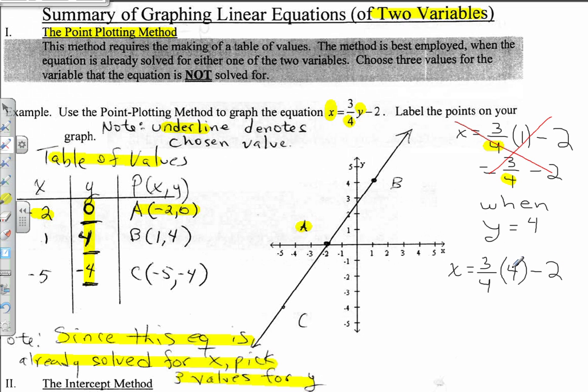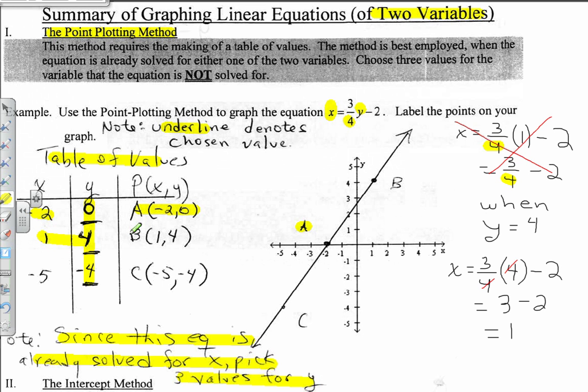Well, look at this. The 4's here just cancel out. That's the purpose of picking values for y that are multiples of that denominator. So that just leaves me a 3 minus 2. So x ends up having the value 1.